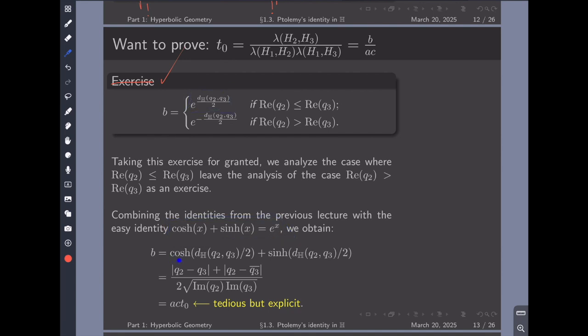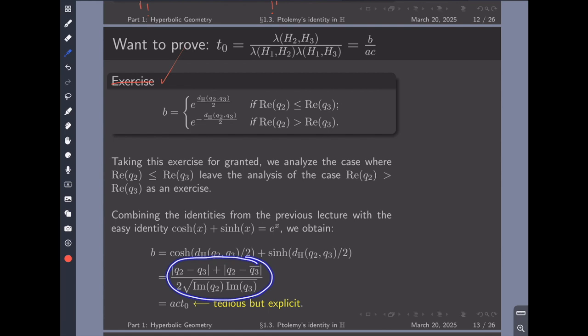And now this hyperbolic cosine, by the last formula from yesterday, the formula from today, is equal to this, whereas the hyperbolic sine, it remained as an exercise to show that it is equal to this. Okay, so yes, and then one explicitly computes this.